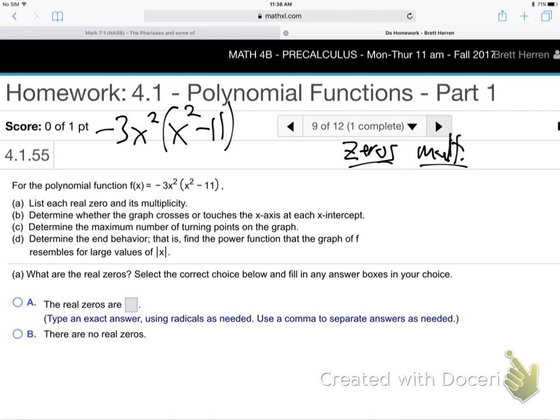So what x values can you plug in and make that thing 0?